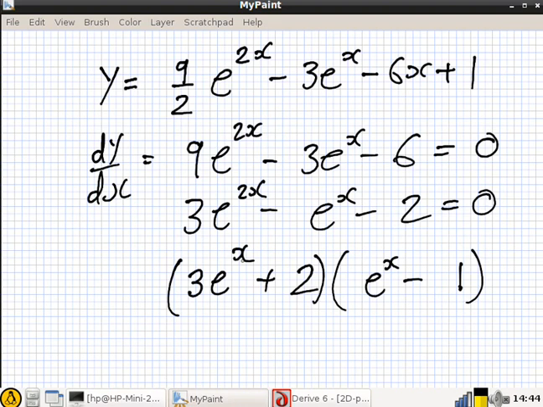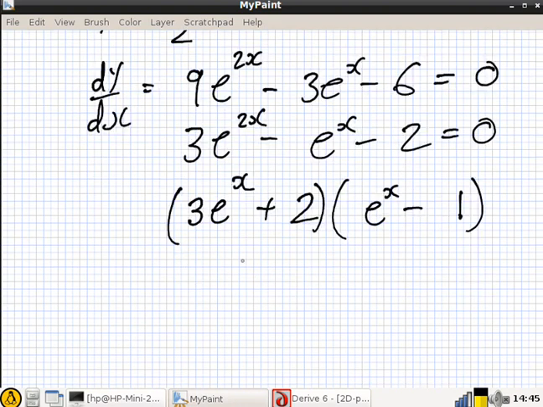If you're not happy with that, you can just use the quadratic formula. How do you get 2x out of it? Wouldn't that be 3e^x squared? No, this is right.